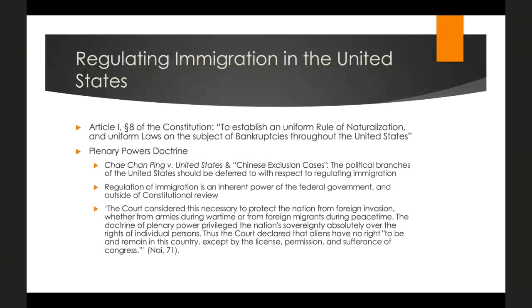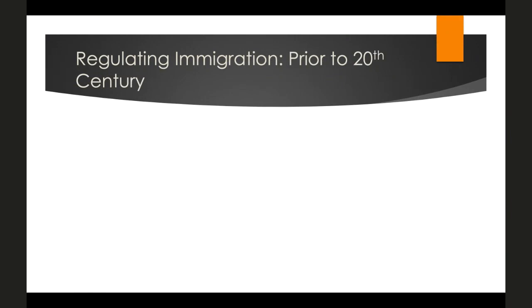So these court decisions ultimately established the unquestioned authority of the federal government to regulate immigration. Now, this has taken a variety of forms throughout the history of the United States.